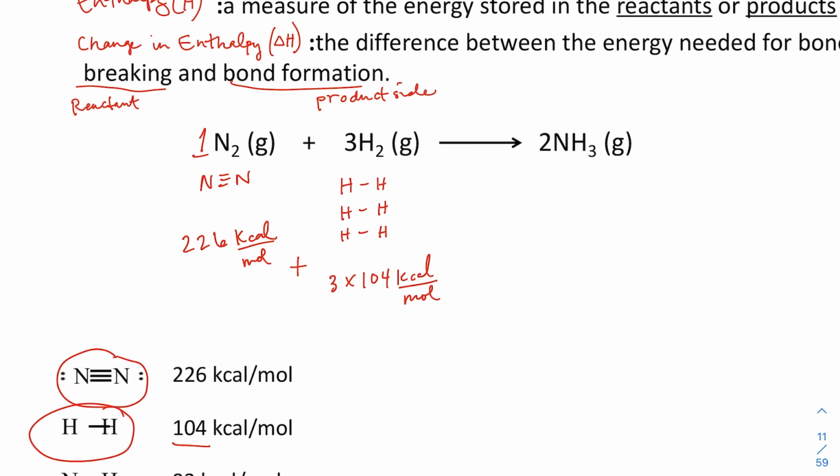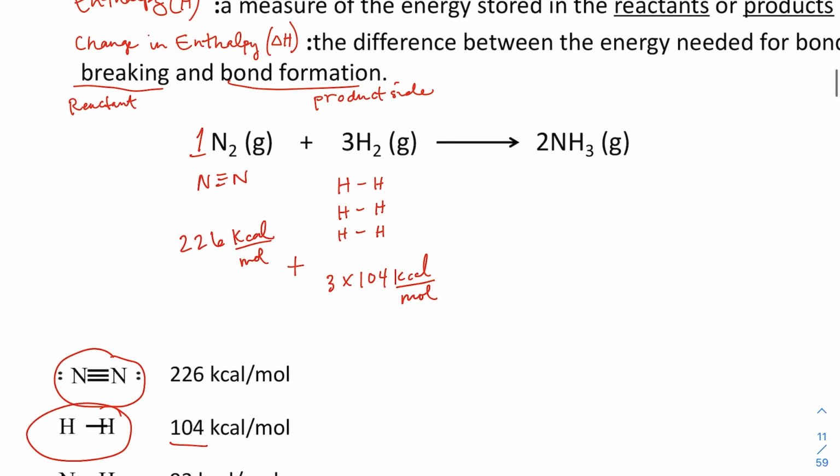Maybe you can pause this video and do that and then make sure we got the same number. Alright, so obviously this is going to be 312 when we multiply all that out, plus the 226 is going to be 538. So that's how much energy total per mole we would need to break all the bonds on the reactant side.